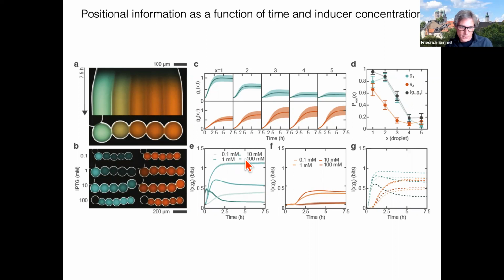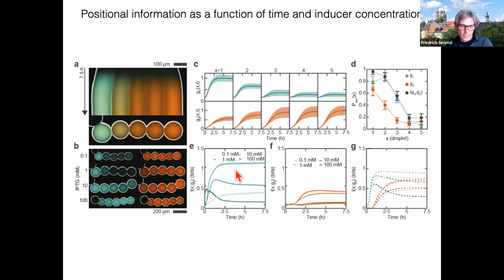What you also see here is that we can change all kinds of variables. For example, we changed the concentration of IPTG in the droplet, and you see that the system behaves differently well depending on the concentration.